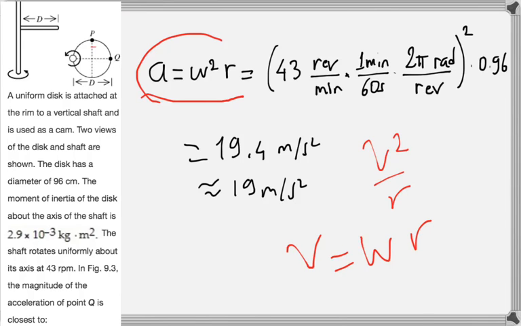If you put, instead of v squared, omega squared times r squared and divided by r, you have omega squared times r. This is a. Okay.